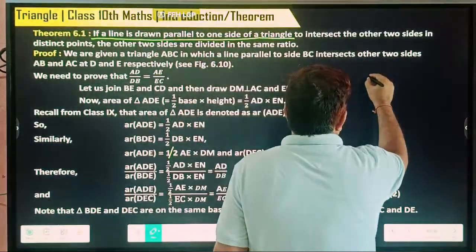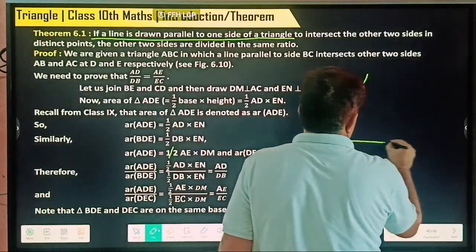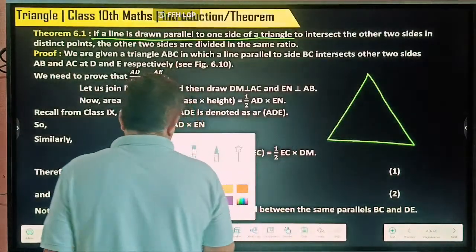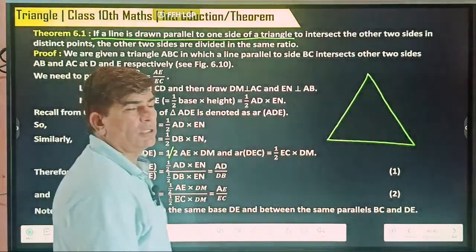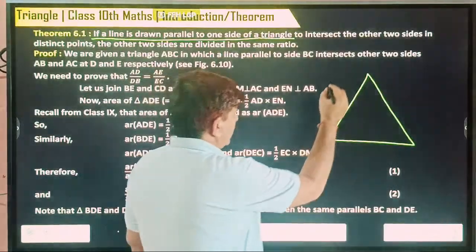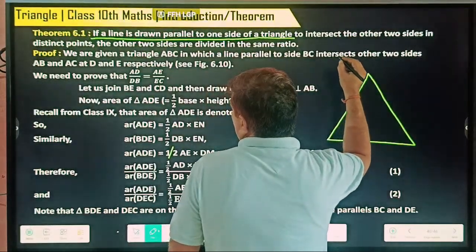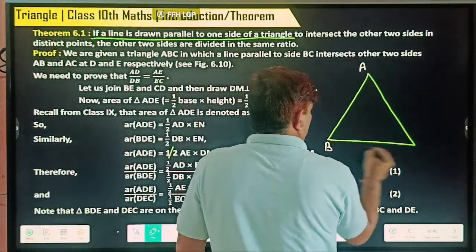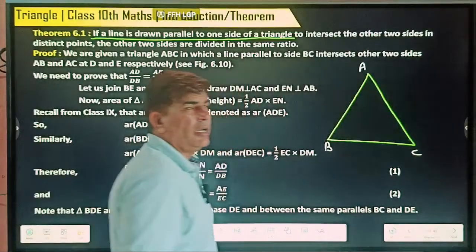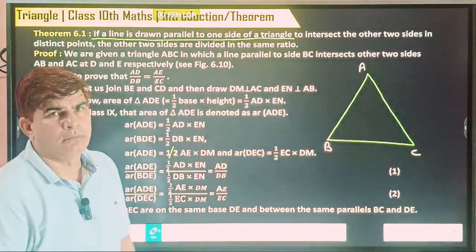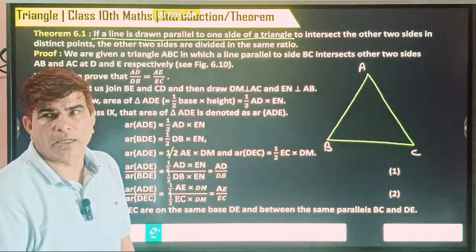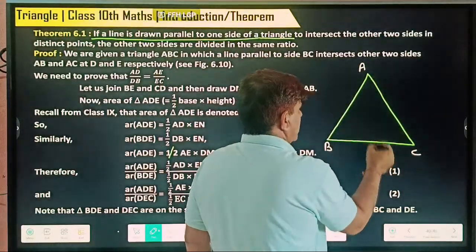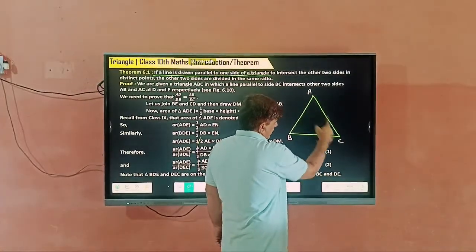So we are having a triangle. This is a triangle. What's its name? According to this, ABC. A line is drawn parallel to one side of a triangle. So we can draw like this also, which is parallel to BC. We can draw like this also, which is parallel to AC.